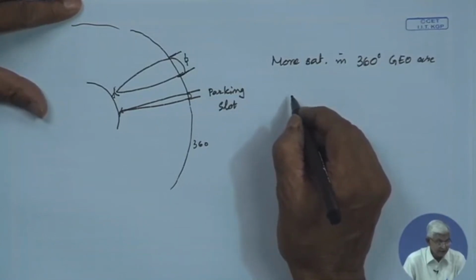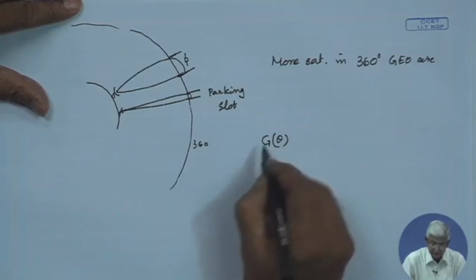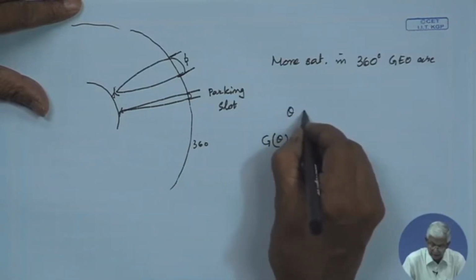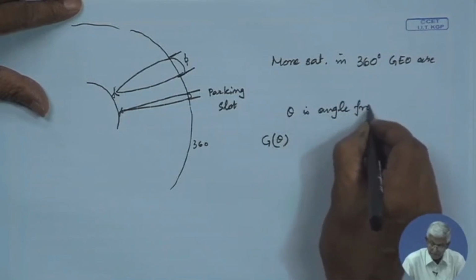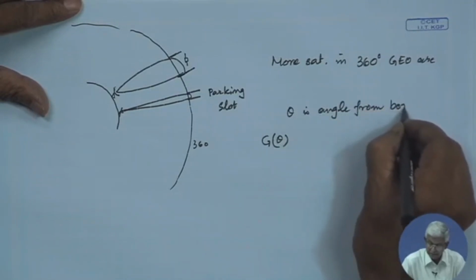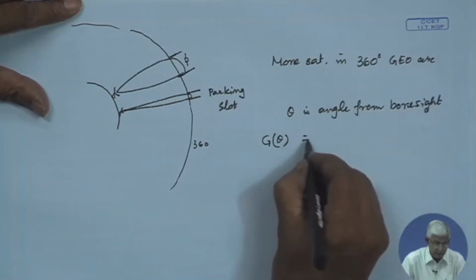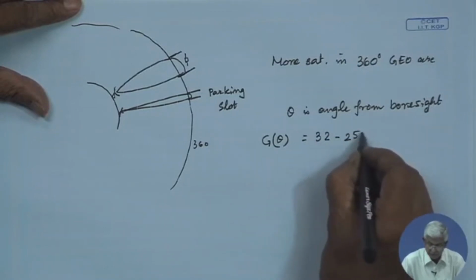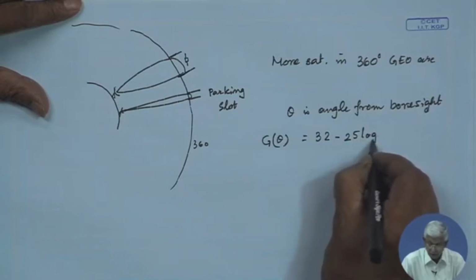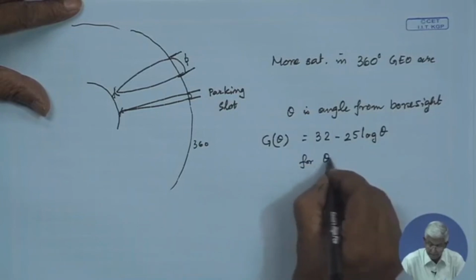It says that the gain of the ground station antenna, at angle theta from peak, that is bore side, should be 32 minus 25 log theta for theta minimum.